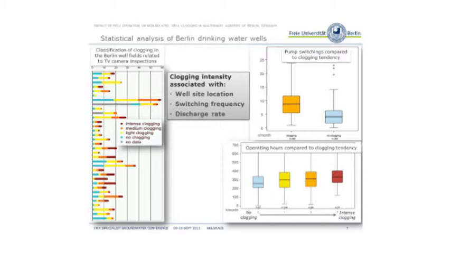As well, the mean monthly operating hours are also correlating with the intensity of clogging. The operating hours also stand for the mean discharge rate of the wells, as the discharge rates are calculated from the operating hours. So the clogging intensity is associated with the discharge rate as well. That's not surprising.